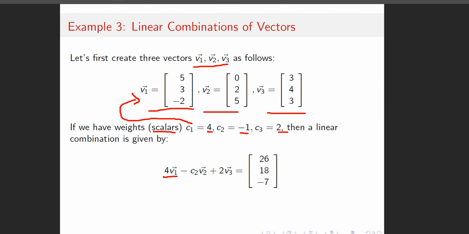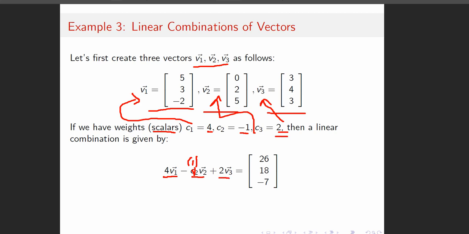And then I take the second scalar, the second weight, times the second vector. So I have minus C2, excuse me, this should be a -1, sorry. So I should have gotten rid of the C2 in there. And it's just minus vector 2, plus 2 times vector 3, right? Because C3 is equal to 2. So I have 2 times V3.